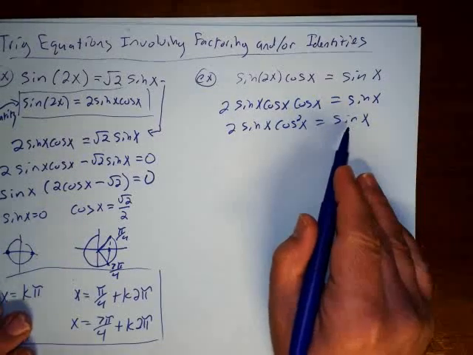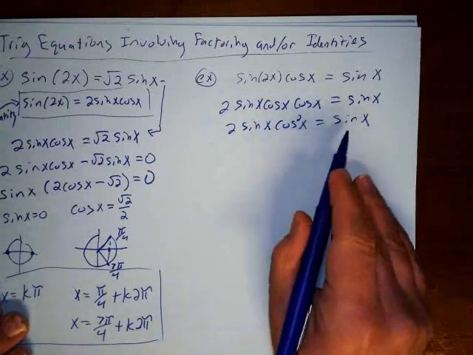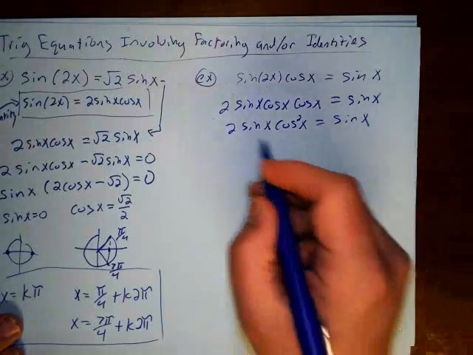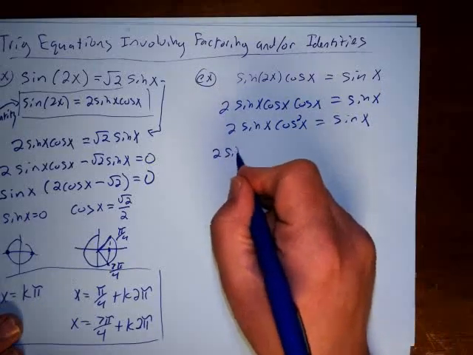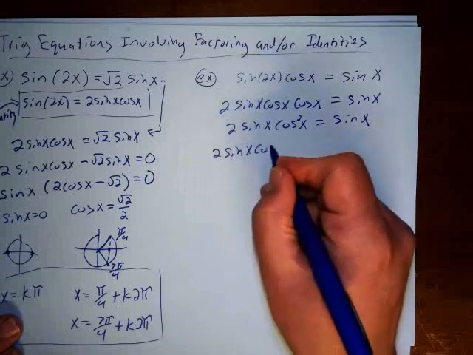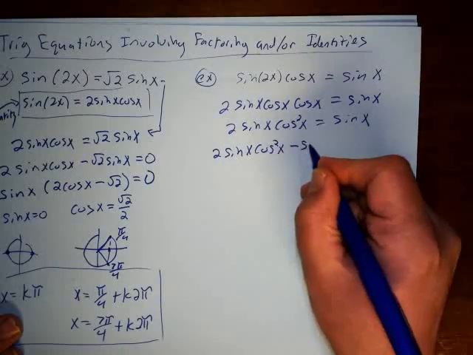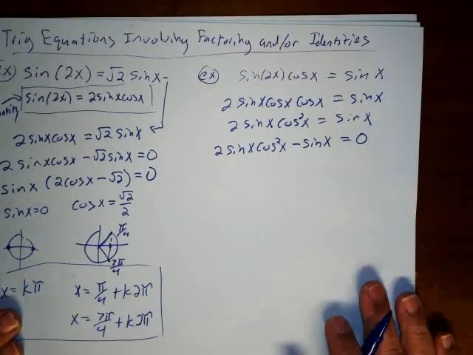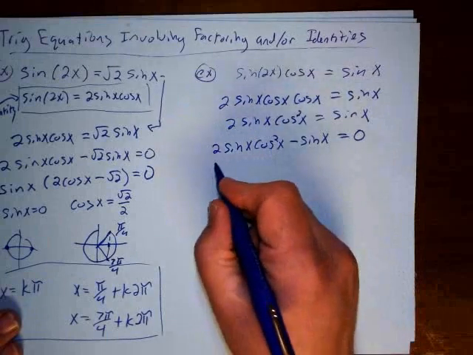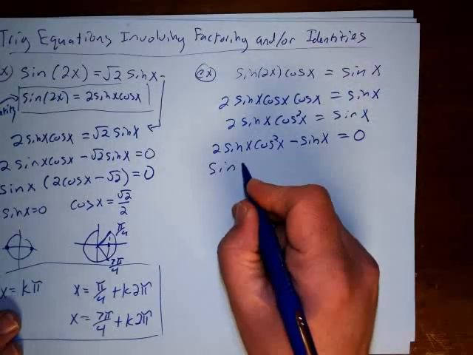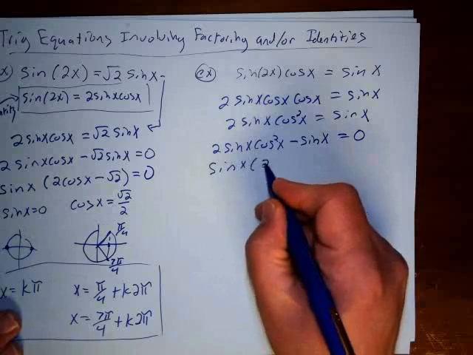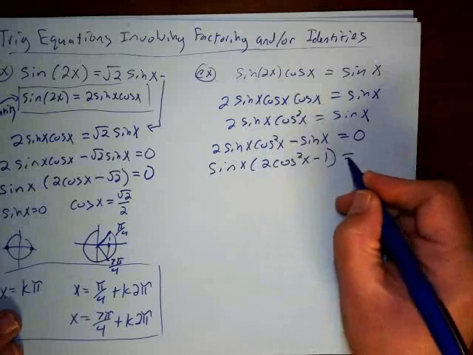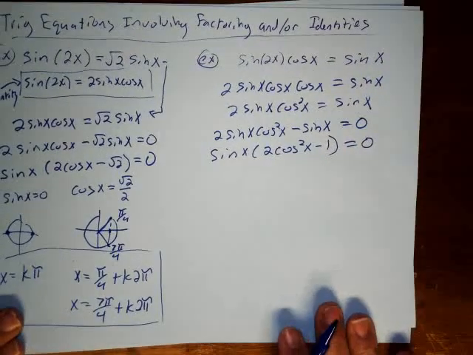If I set everything equal to 0, then I can factor out the sine and split it up. So I would get 2 sine x cosine squared x minus sine x is equal to 0. And now the sine x can be factored out.